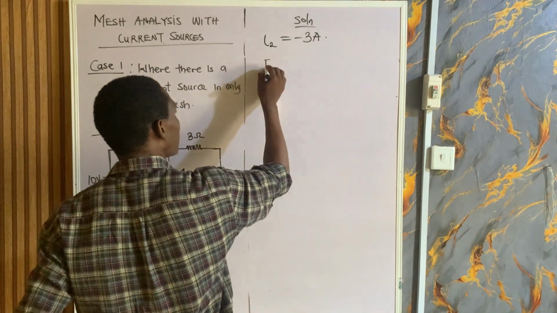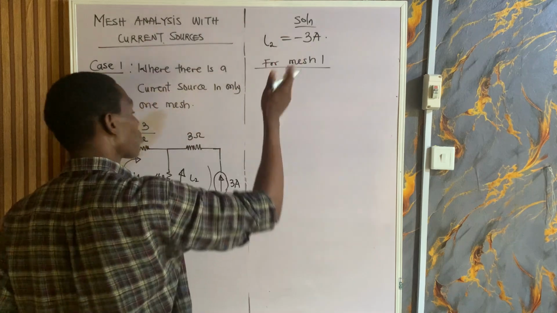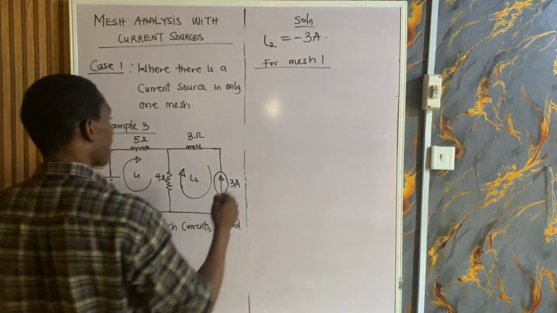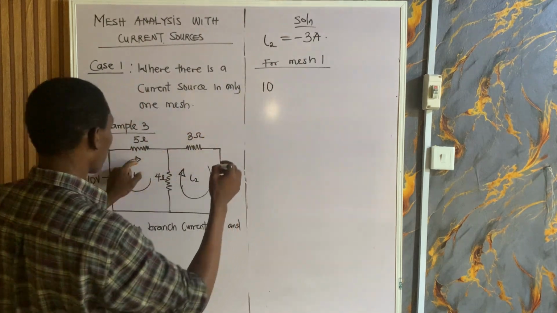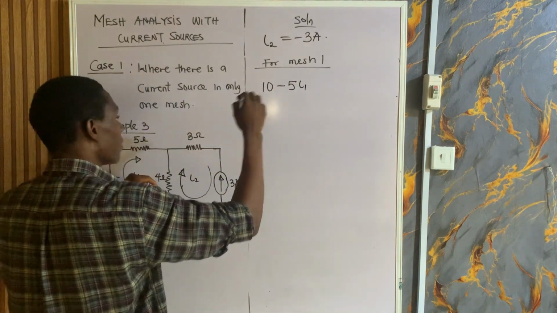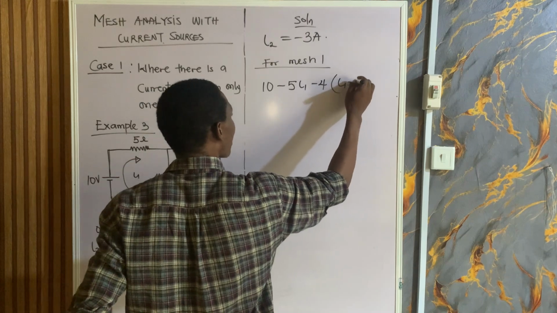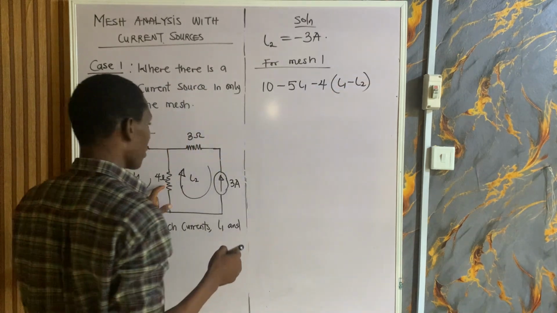So for mesh 1 now, we've got our I2 already. So for mesh 1, this is 10, I'm going like this because of this guy, minus 5I1 minus 4 into I1 minus I2 for this part.